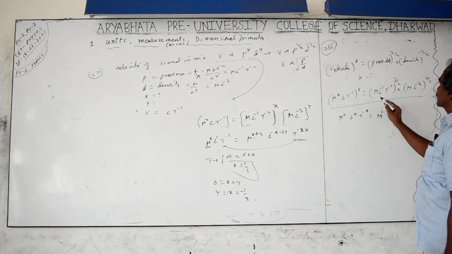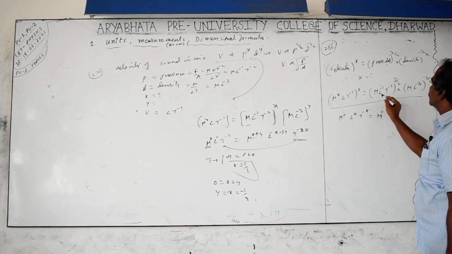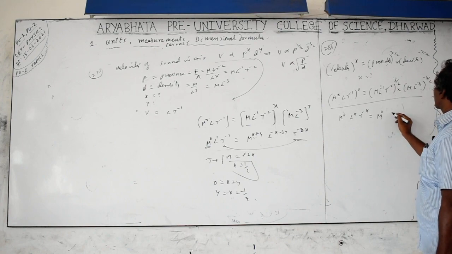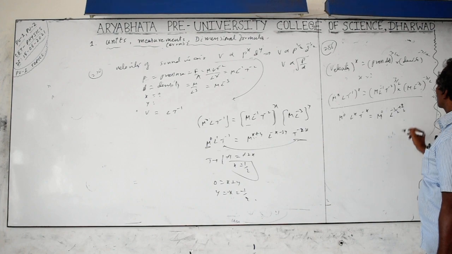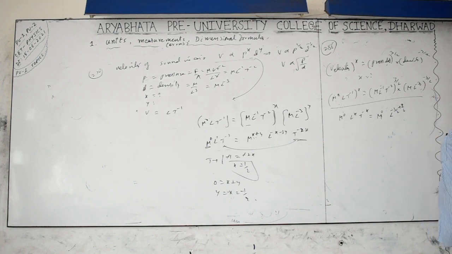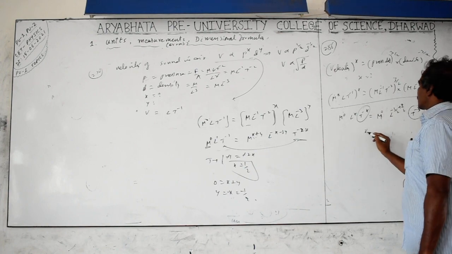Next, L to the power of minus 3 by 2 and L to the power of minus 3 by 2, minus into minus is plus, 9 by 2. T to the power of, here T is not there on the left, so 2 cancels, T to the power of minus 3. So you can directly go for the single term relation, 2 cancels, X equals 3.